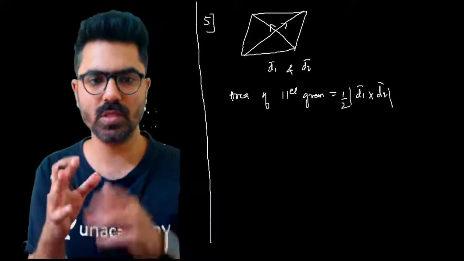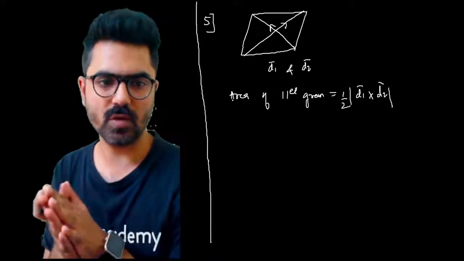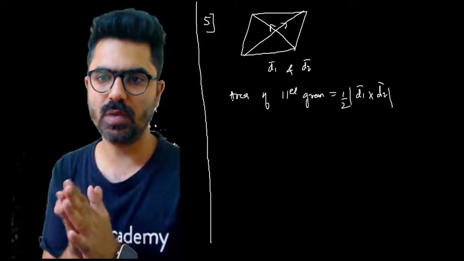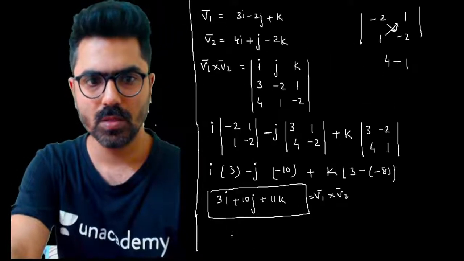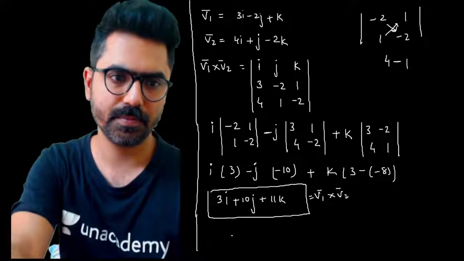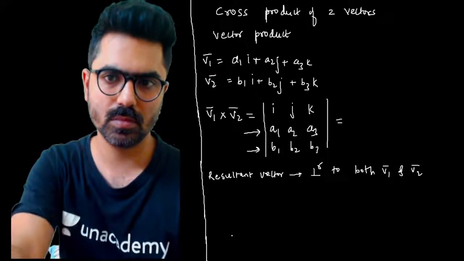Here the information is different: they have given diagonals instead of the sides. So the area in this case will be half of the modulus of d1 cross d2. This is where we are going to use the cross product.